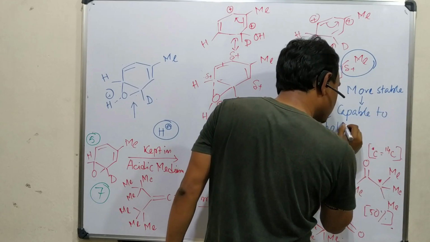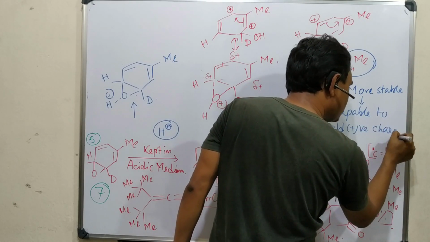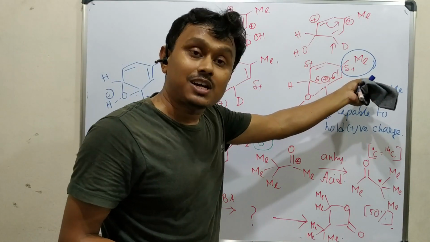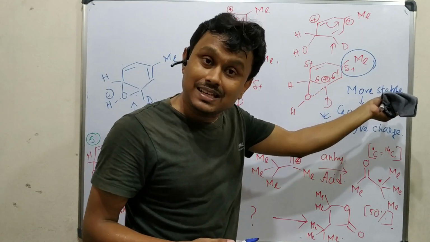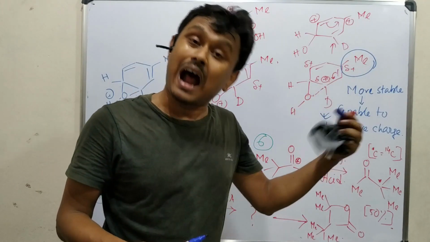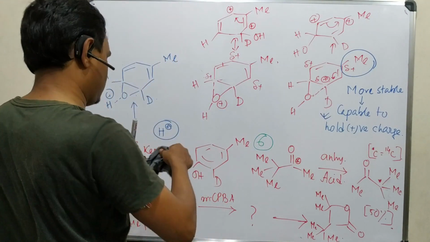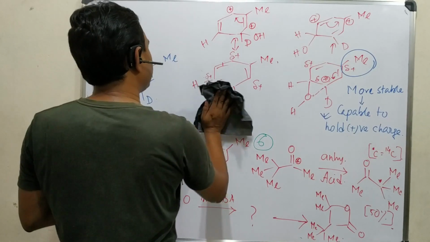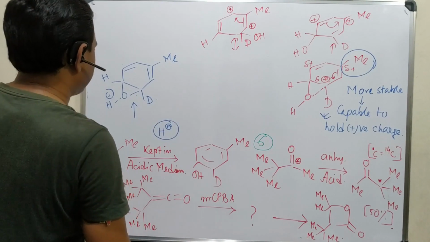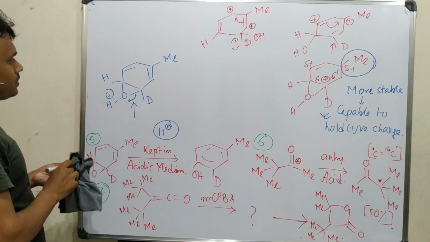If it is more capable of stabilizing the positive charge, the corresponding energy of activation associated with this pathway will be less, and if the energy of activation is less, then the reaction rate will be faster or higher, whatever you say. So the reaction will follow this pathway. I guess you have understood. If it follows this pathway, then the bond will open from this side. So what will it result in?